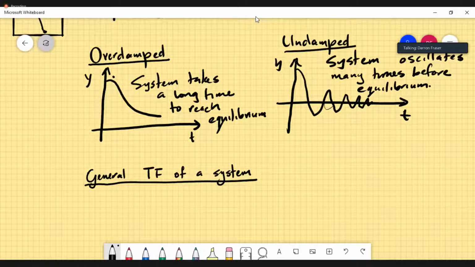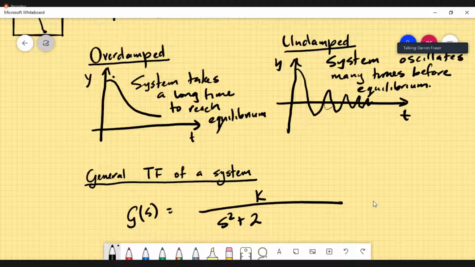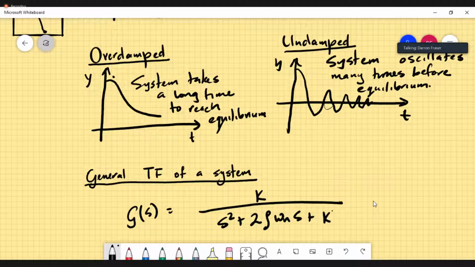All right. So now, the general transfer function for a system, which you're going to write down, is K over S squared plus 2 zeta omega n S plus omega n squared.